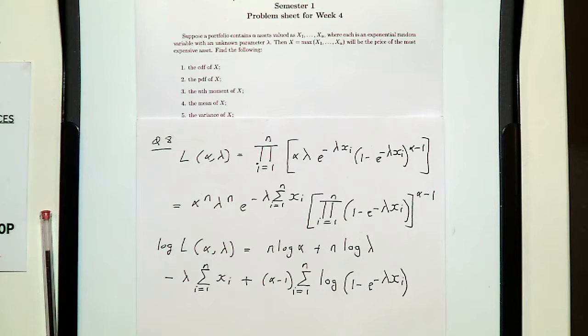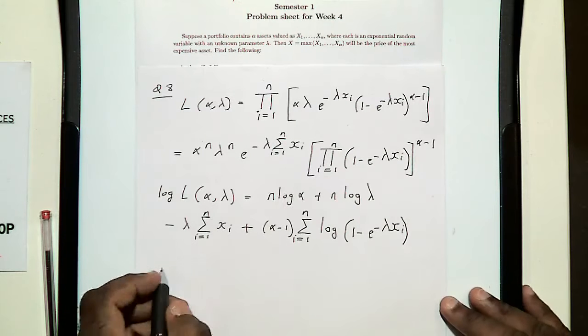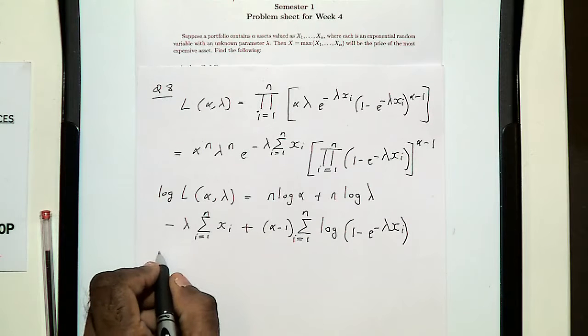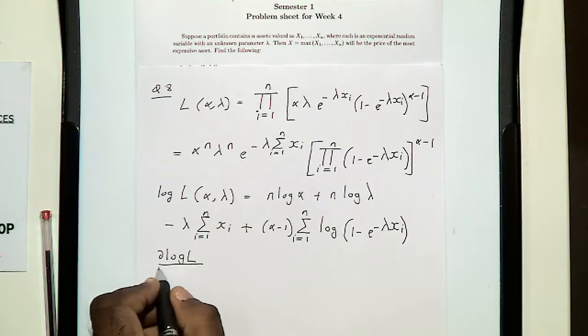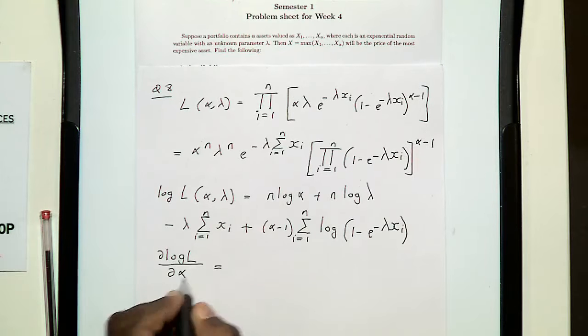Because you have two parameters, we need to do the partial derivatives with respect to alpha and with respect to lambda. Let's first of all take the partial derivative with respect to lambda.